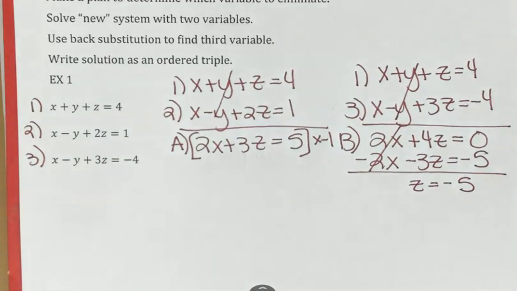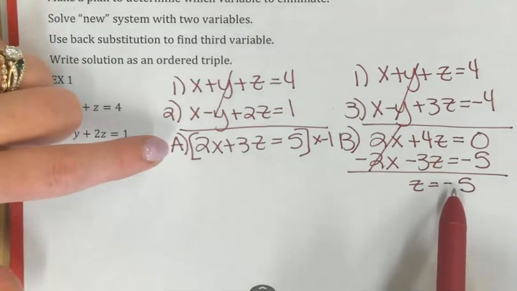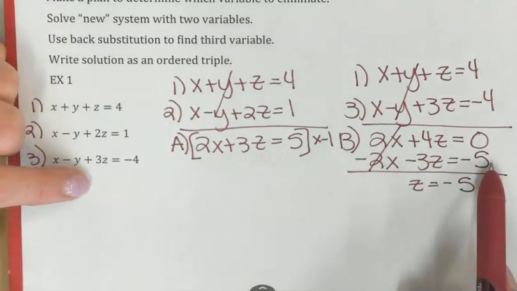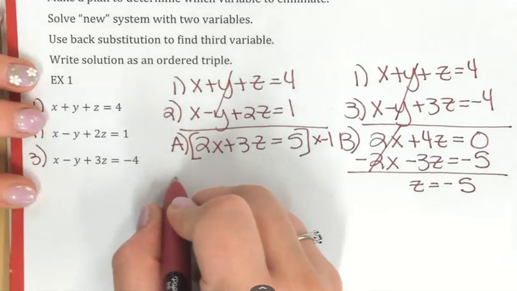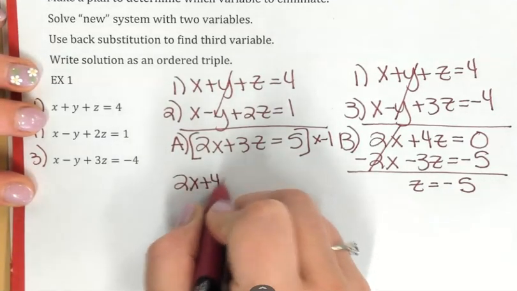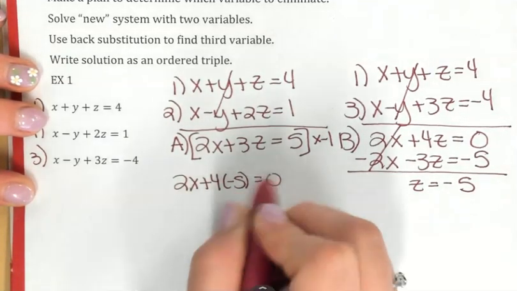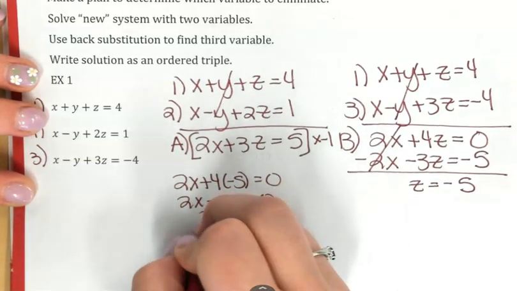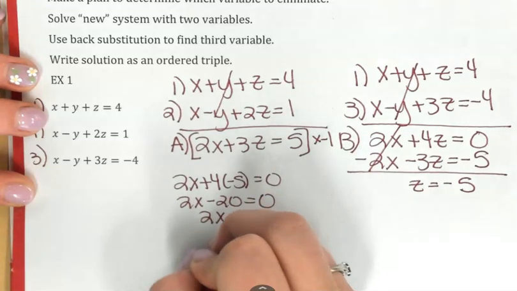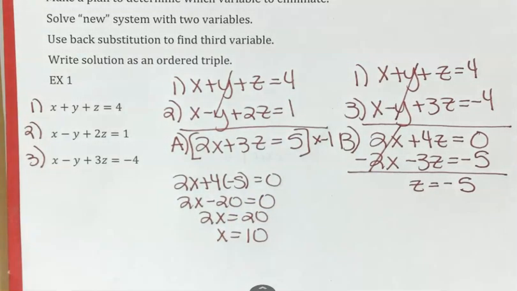Now that I have found my first variable, the next one I can solve for is x, and I can do that by plugging -5 into equation A, equation B, or the one that we rewrote. I'm just going to go with equation B. 2x plus 4 times -5 equals 0. So 2x equals 20, which means x is 10.